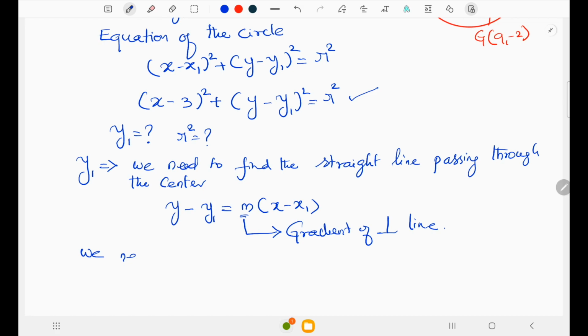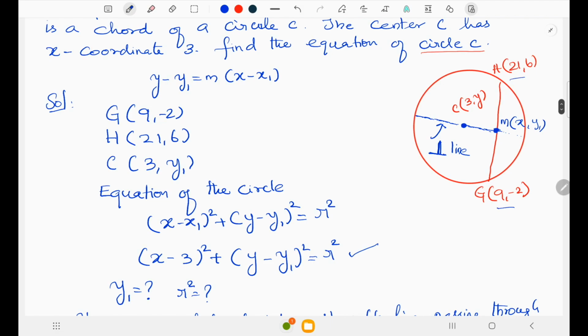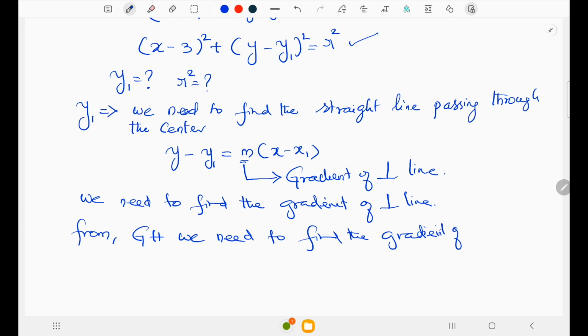How do we find the gradient of the perpendicular line? We already know the points of the chord, G and H. From G and H, we need to find the gradient of the chord.